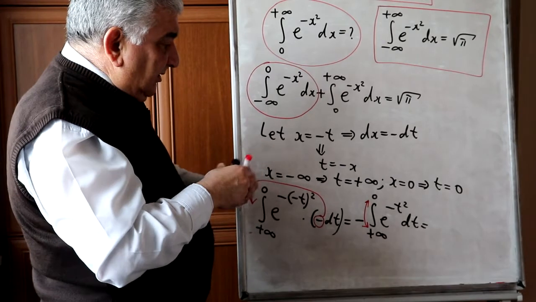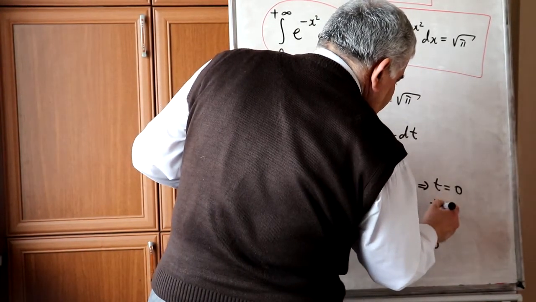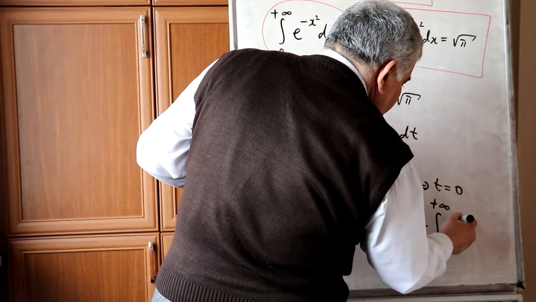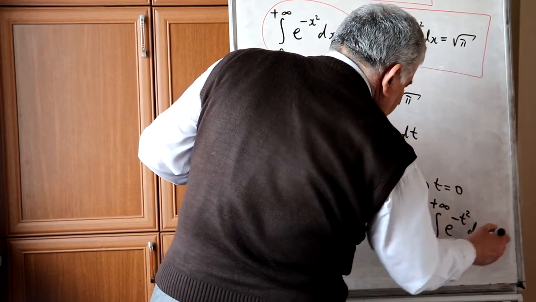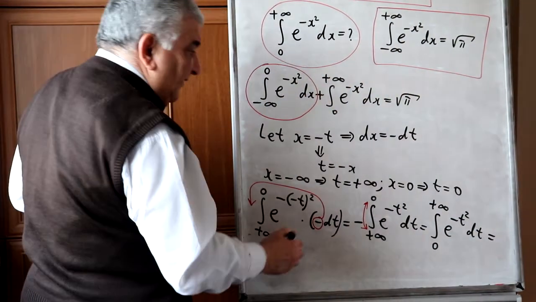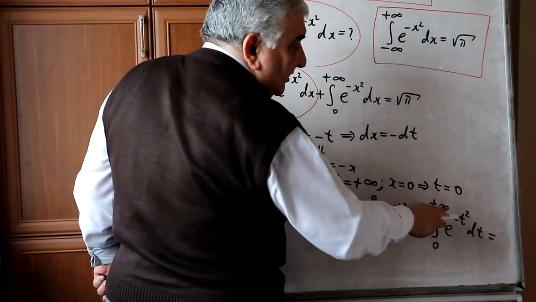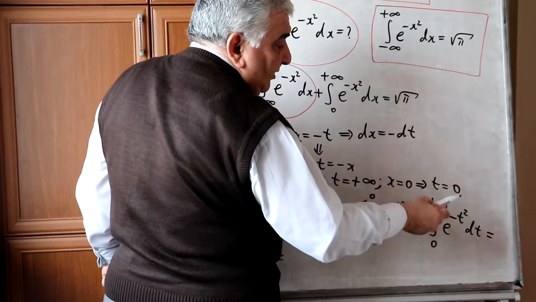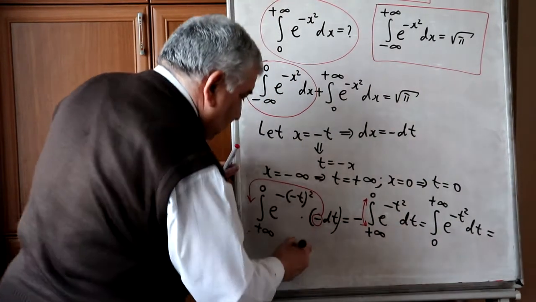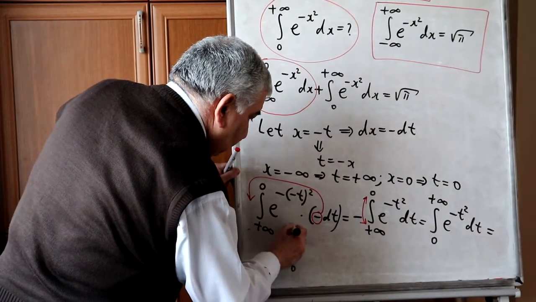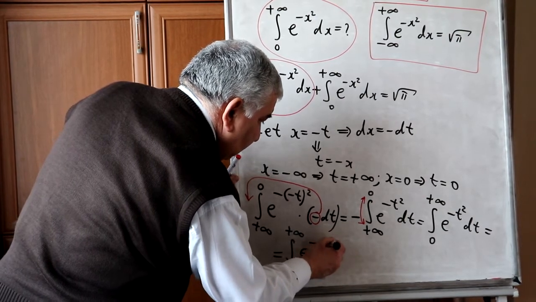Therefore, we will obtain plus integral from 0 to plus infinity of e to minus t squared dt. Also you know that the value of the definite integral doesn't depend on the integral variable. Therefore, we can change t by the new variable x. Then it is from 0 to plus infinity of e raised to minus x squared dx.